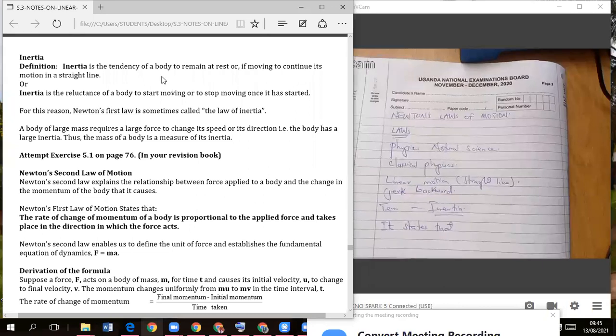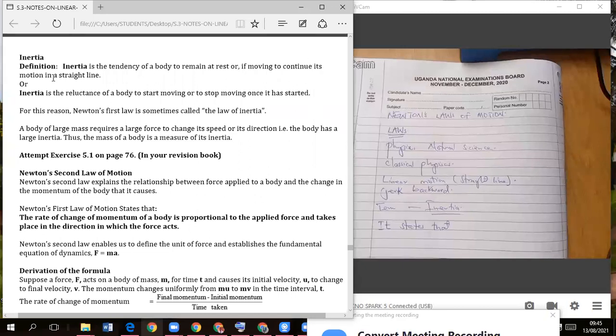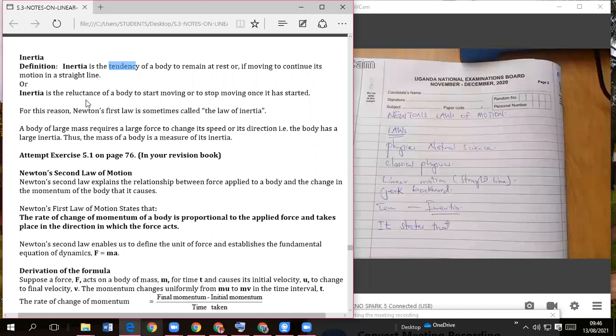We are saying inertia is the tendency of a body to remain at rest or to continue moving in a straight line. If you don't want to use the word tendency, you can use the word reluctance.